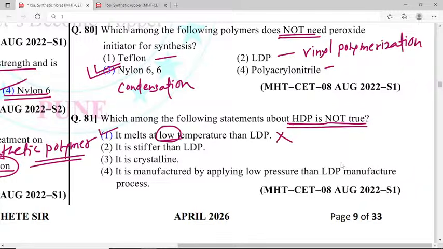This is your answer actually. It is denser than low density polythene. Correct. It is crystalline. Yes. It is manufactured by applying lower pressure than the low density polythene process. Yes, it is correct. It requires low pressure because it uses the Ziegler-Natta catalyst.